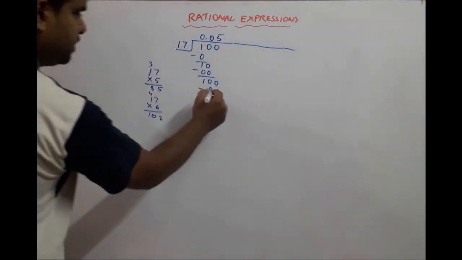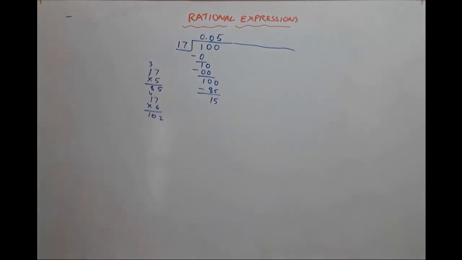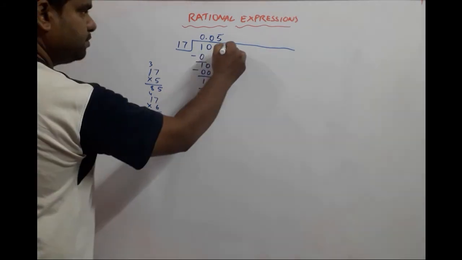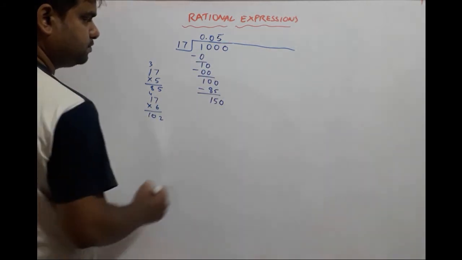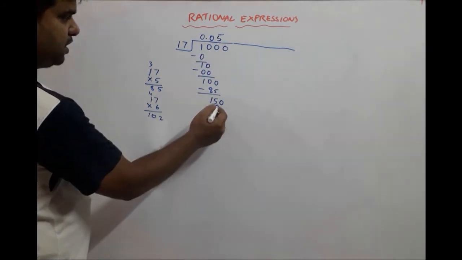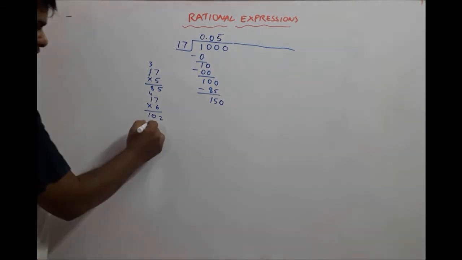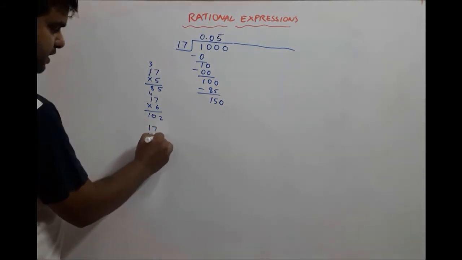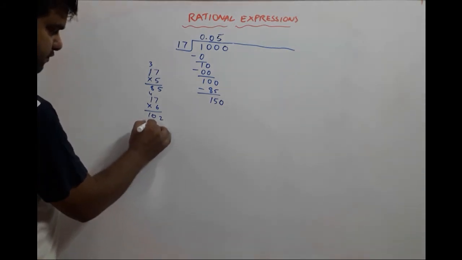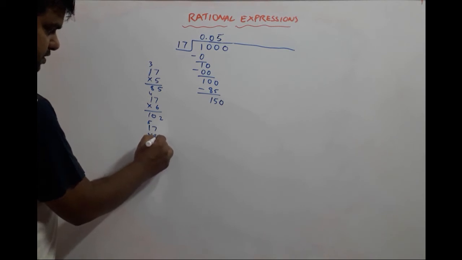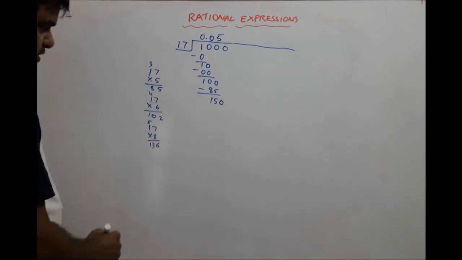Okay, and 100 minus 85 gives us 15. Now put a 0 over here, bring this 0 down, and now we have a bigger term. So 17 into 8, let's see what comes. 8 sevens are 56, so 8 1, 136.